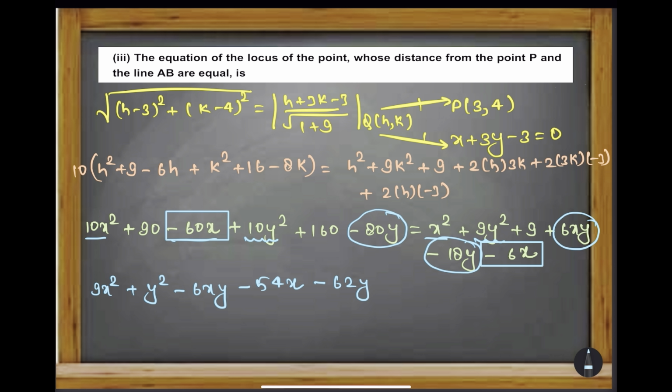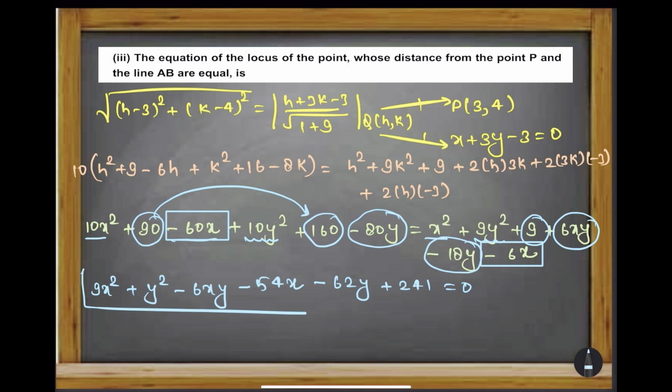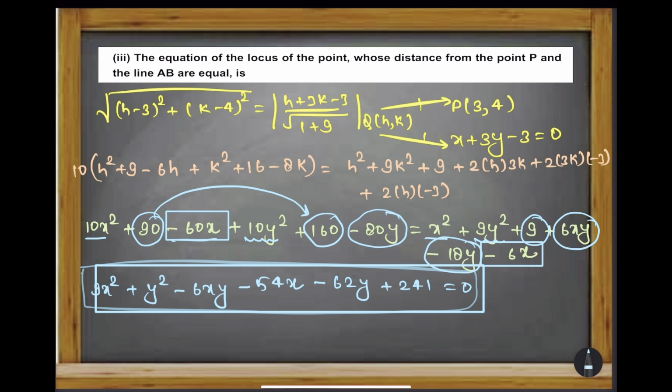Now we have the constant numbers, 9, 160, 90. 160 and 90 will become 250, 250 minus 9, so it will become 241. Okay, so this is the required locus.